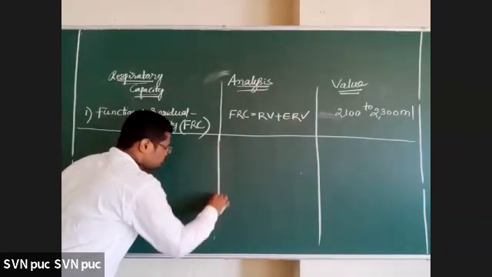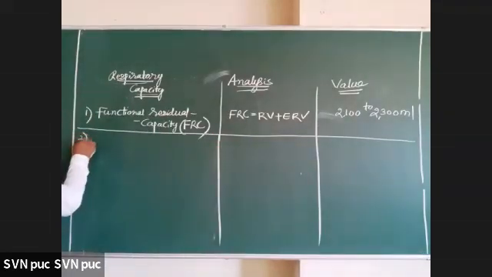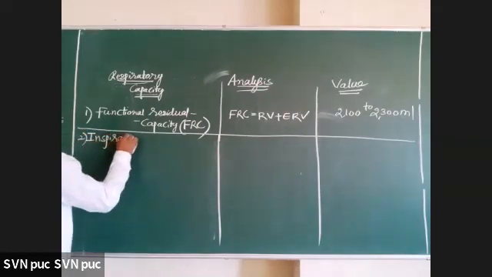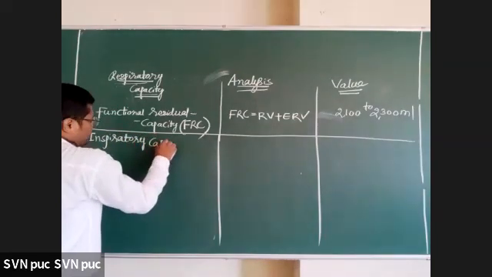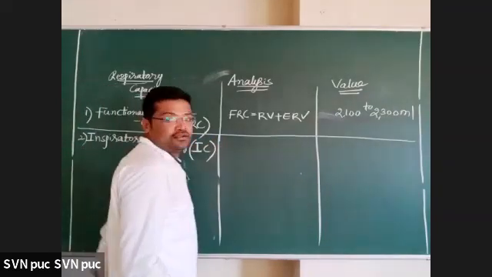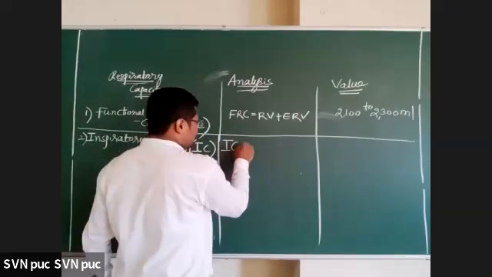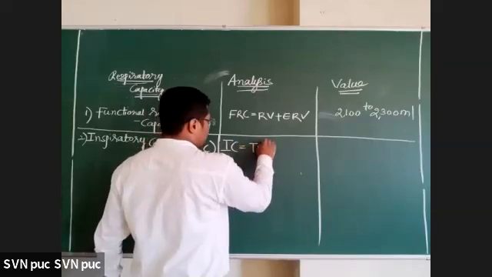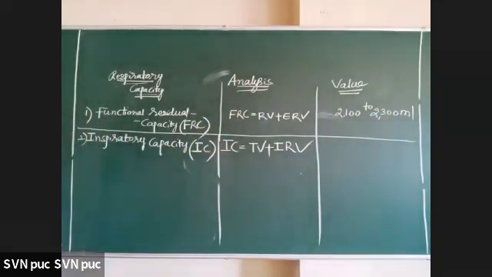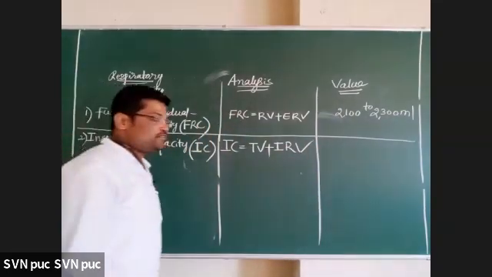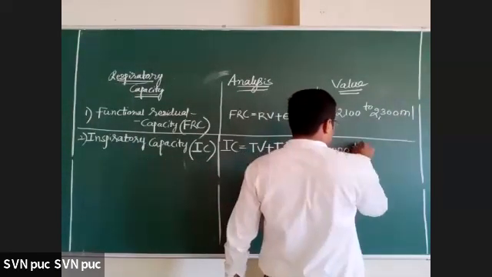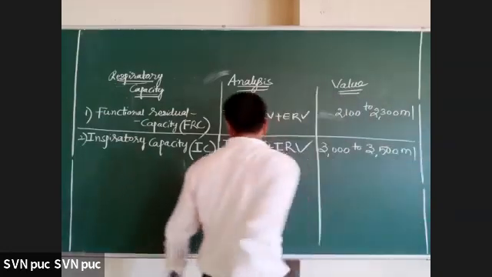And the second one, inspiratory capacity or IC. Analysis: inspiratory capacity or IC is equal to tidal volume or TV plus inspiratory reserve volume or IRV. IC is about 3000 ml to 3500 ml.